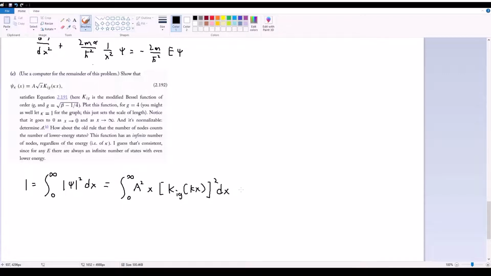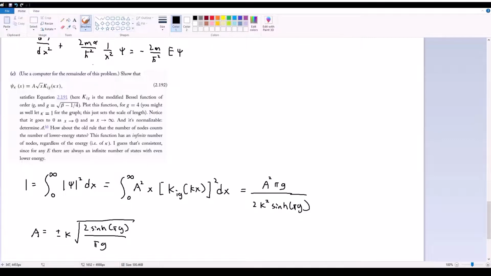And what this is going to give you is a squared pi times g over 2k squared sinh of pi g. So if you move this around, you get that a equals plus or minus k times the square root of 2 sinh pi g over pi g, like that. And that is part C.